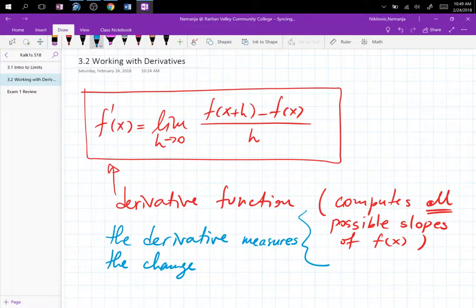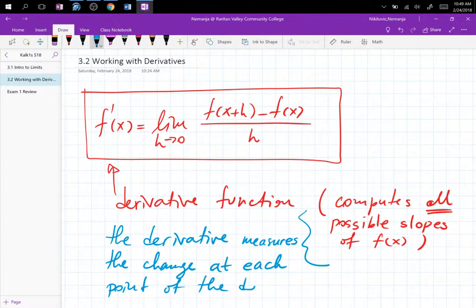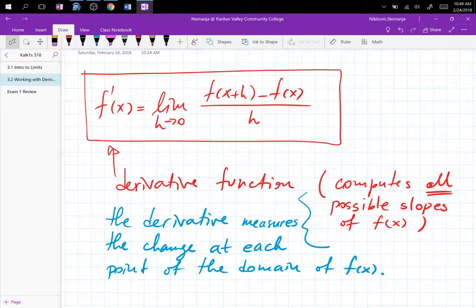So the derivative measures the change at each point of the domain of f of x. So now we are clear that you have a function f of x and you have its derivative, which is also a function, but it's a different function.